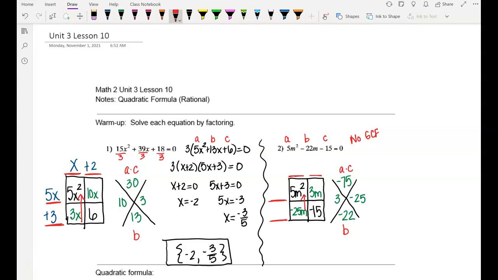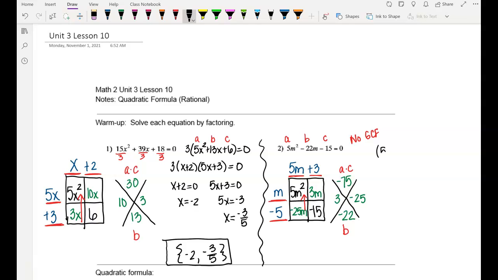So if I look up here, 5m squared and negative 25m both have a 5m in common. So the other one would just be m. To get 3m, I have to take m times positive 3. To get negative 25m, I have to take 5m times negative 5.